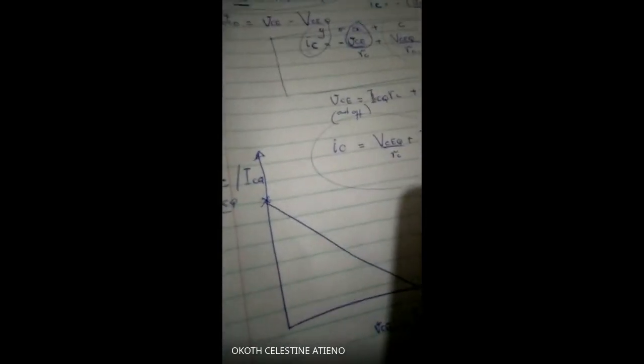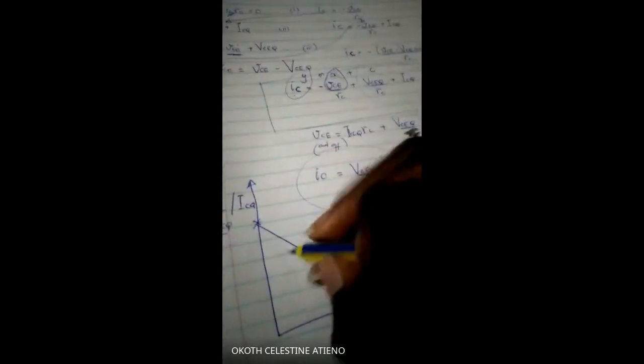So this is how your AC load line will look. And normally you'll realize your AC load line has a steeper gradient than your DC load line. So if this is AC, then your DC will probably look like that.